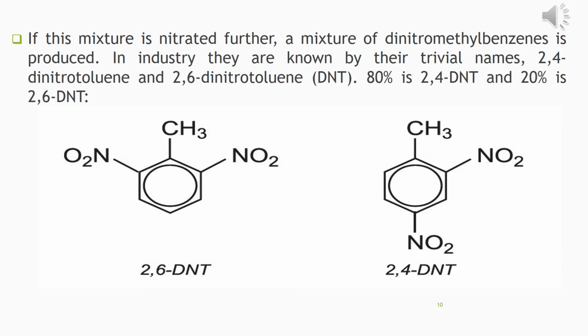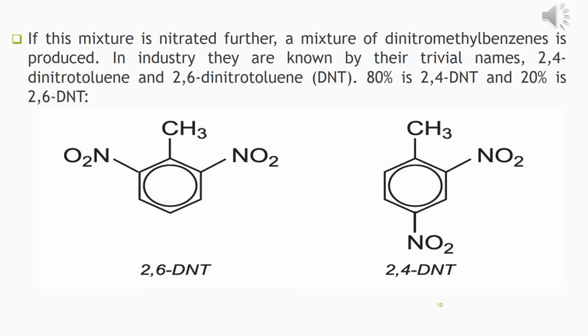In industry, they are known by their trivial names: 2,4-dinitrotoluene and 2,6-dinitrotoluene, DNT. 80% is 2,4-dinitrotoluene and 20% is 2,6-dinitrotoluene. So both of these are produced if the mixture is nitrated further.